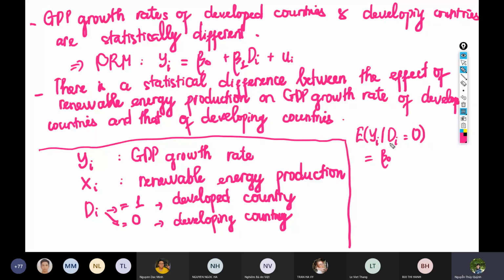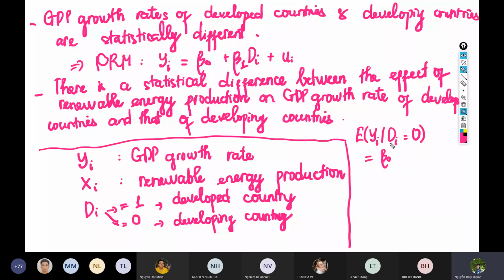Just put d in the model, and the model will tell you what will happen if we support the hypothesis. So just write the general model.